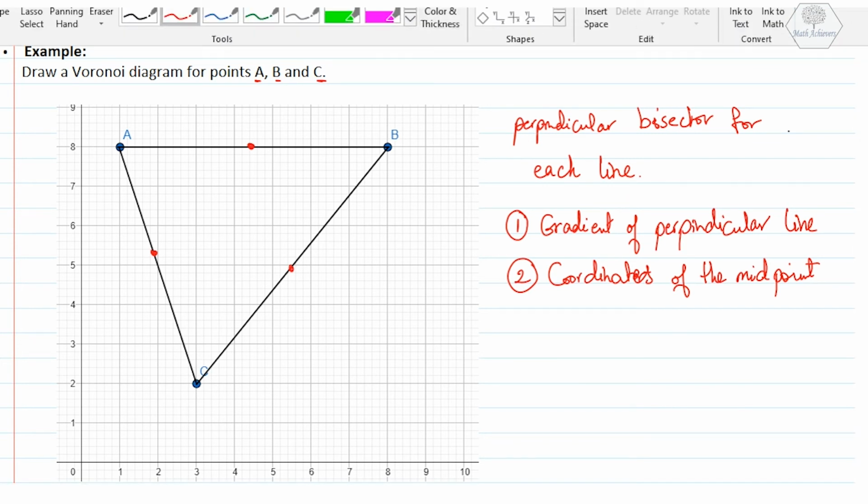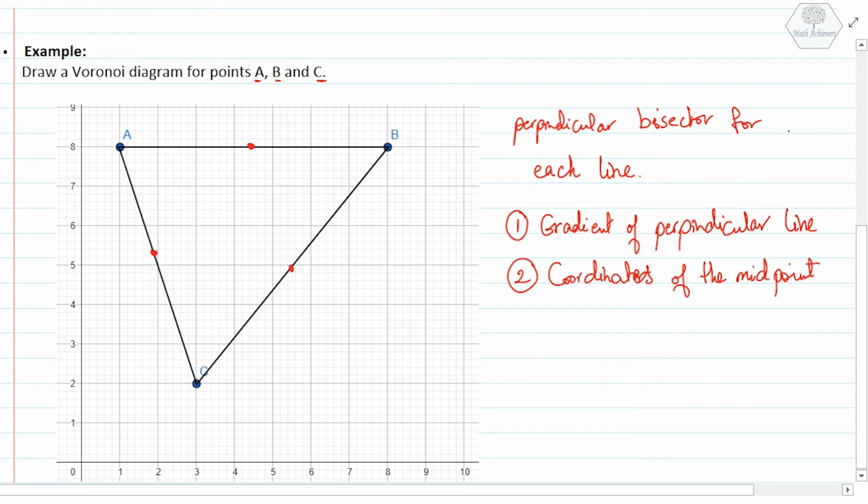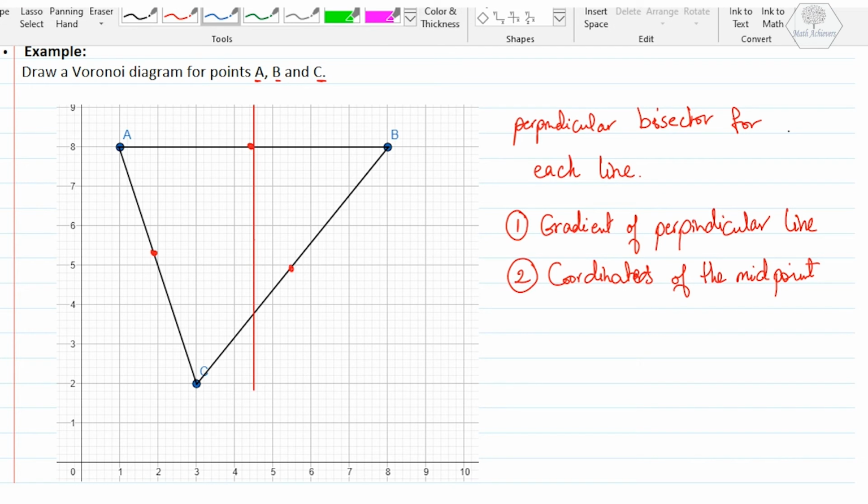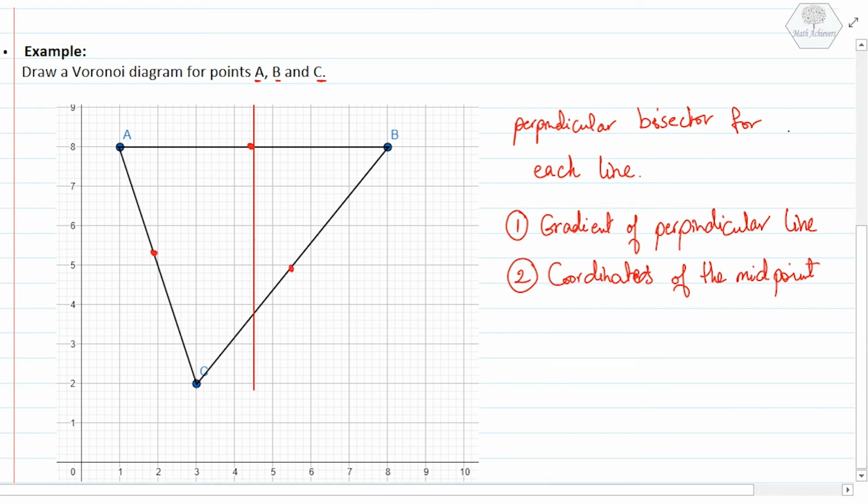Let's start with the points A and B. The perpendicular bisector would be this line. I have to move it slightly to the left. And the perpendicular bisector between A and C is this line.